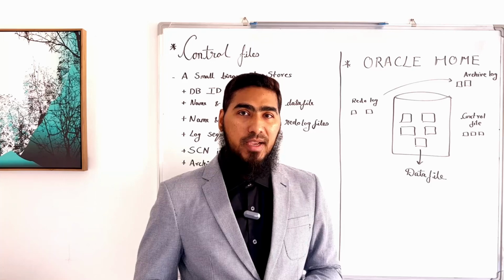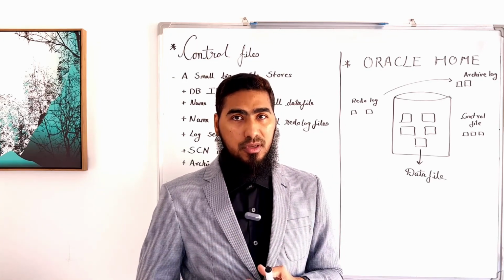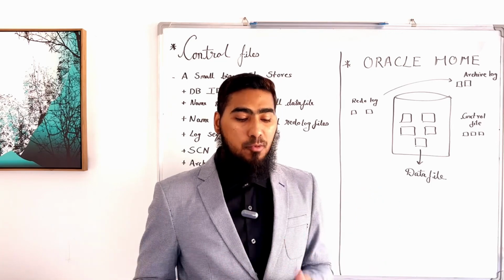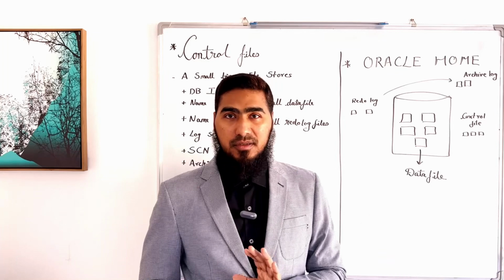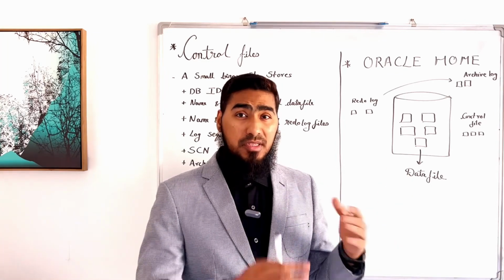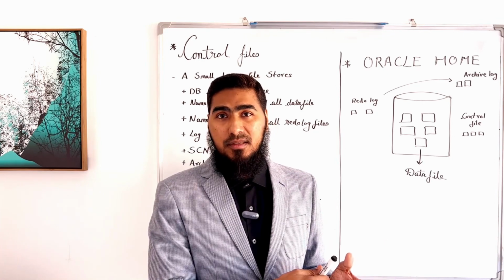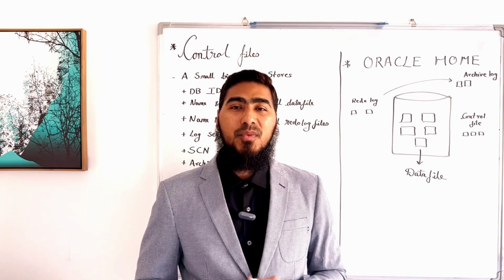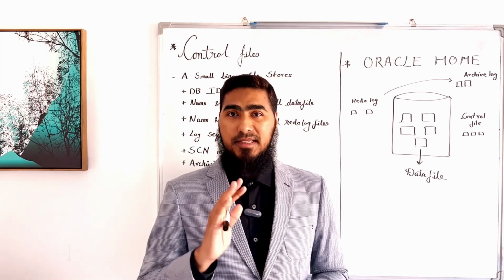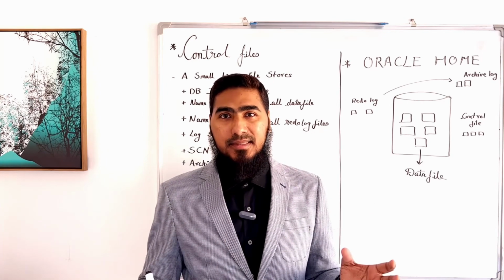Those are the important files. There are some other files which are also important, but at this point in time this much is sufficient. The other files, your parameter file and password files, we will look into in later sessions.